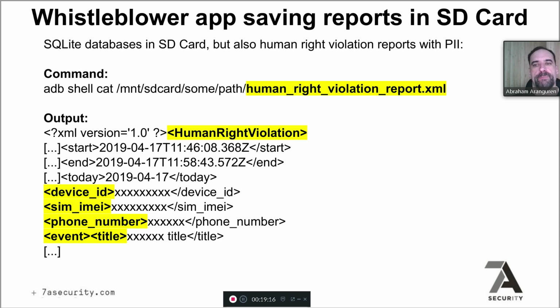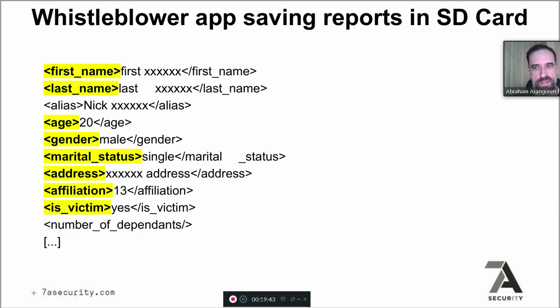However, the implementation was not so good because the human rights violation reports were being saved on the SD card. So in a country like this, what could happen is that a police officer takes your phone, extracts the SD card, plugs it into a computer, then they notice you are reporting on these human rights violations, and then you go to prison, get killed or tortured or whatever, right? So it's a security vulnerability that could turn into nasty things in the real world, right?